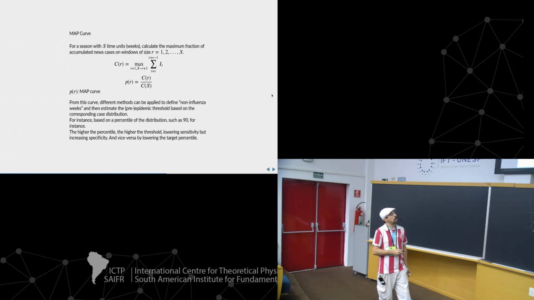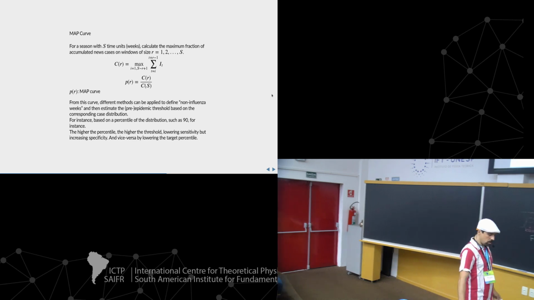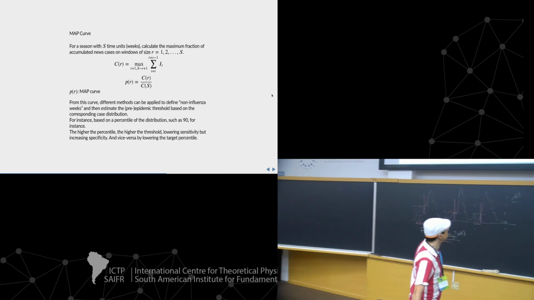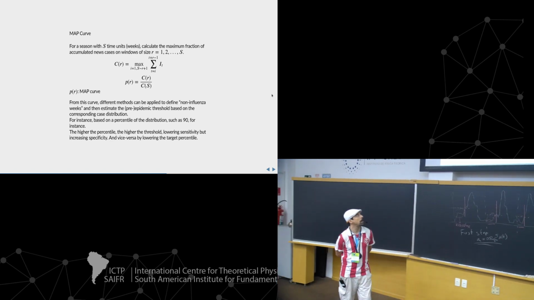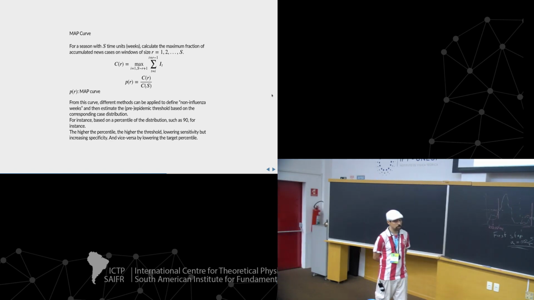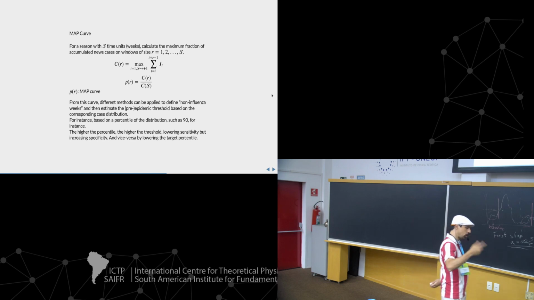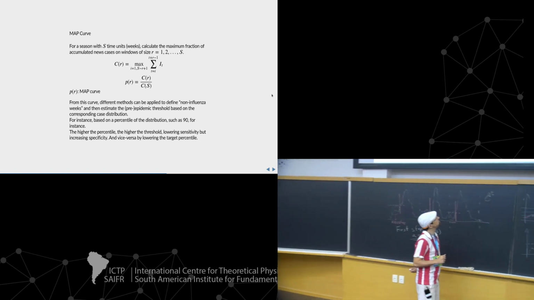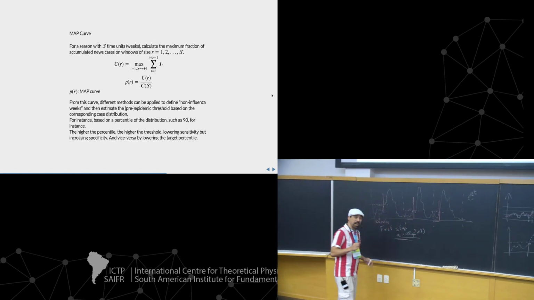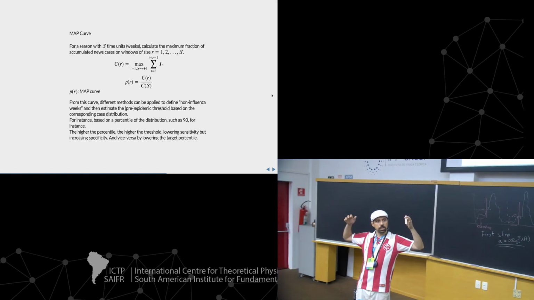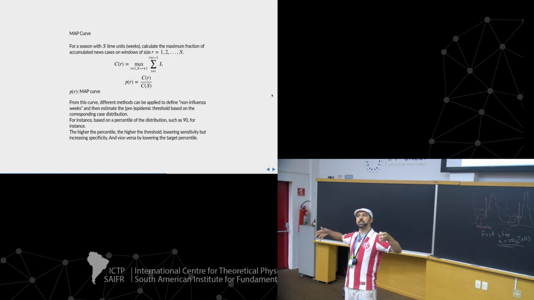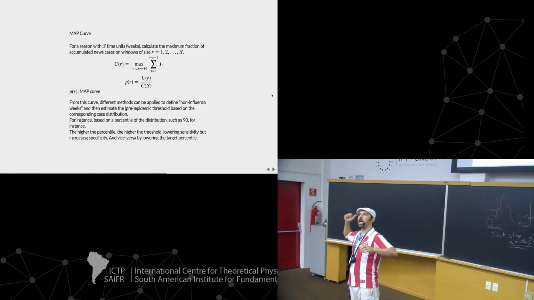So the starting point of the MEM approach is based on what they call the MAP curve, which is the maximum accumulated percentage curve. So again, we are taking into account the total number of cases at each season, just like the CDC approach used.